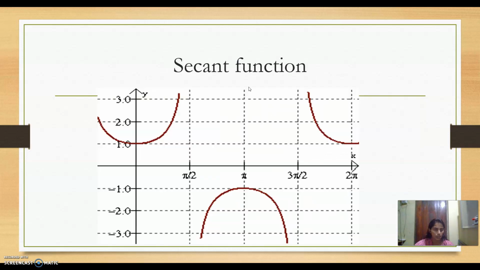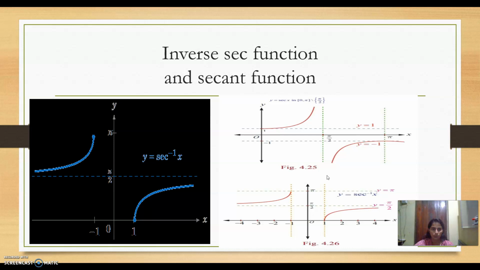Next is the secant function. This is a secant function. Here also we can see that this is not one-to-one. So I am going to restrict this.